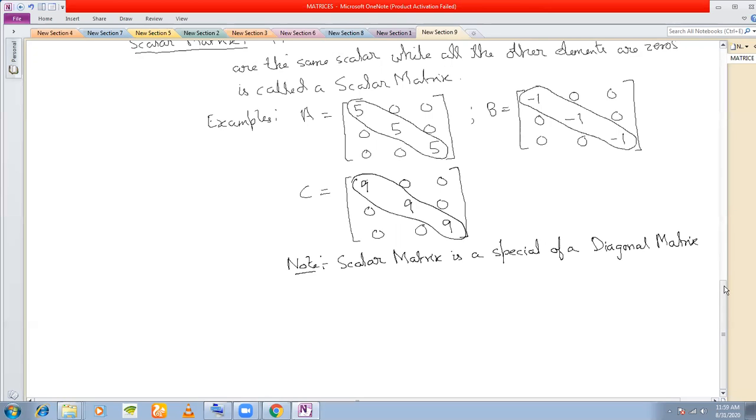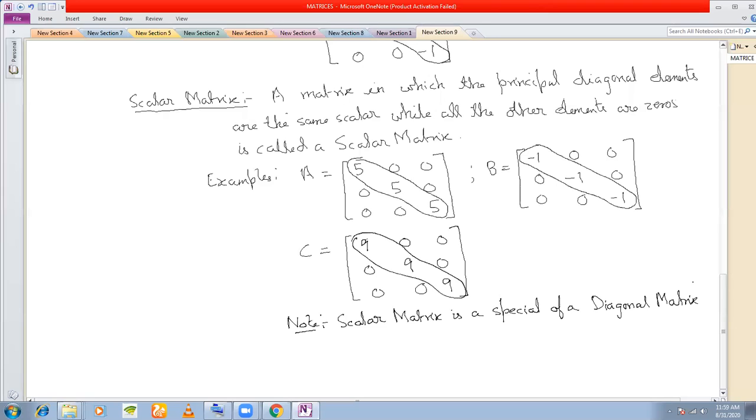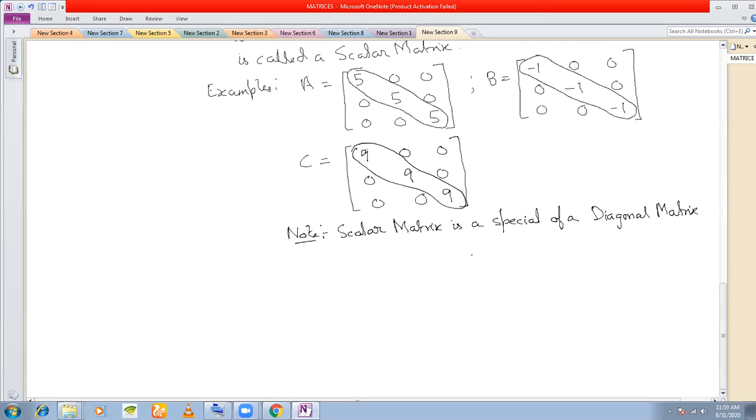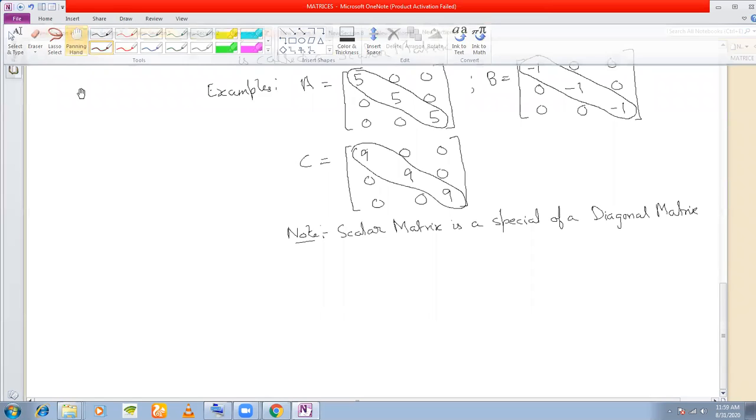And of course, the scalar matrix also has to be a square matrix. Let me add the words square matrix here. A square matrix in which all the principal diagonal elements are the same scalar. So a scalar matrix is nothing but a special case of a diagonal matrix.